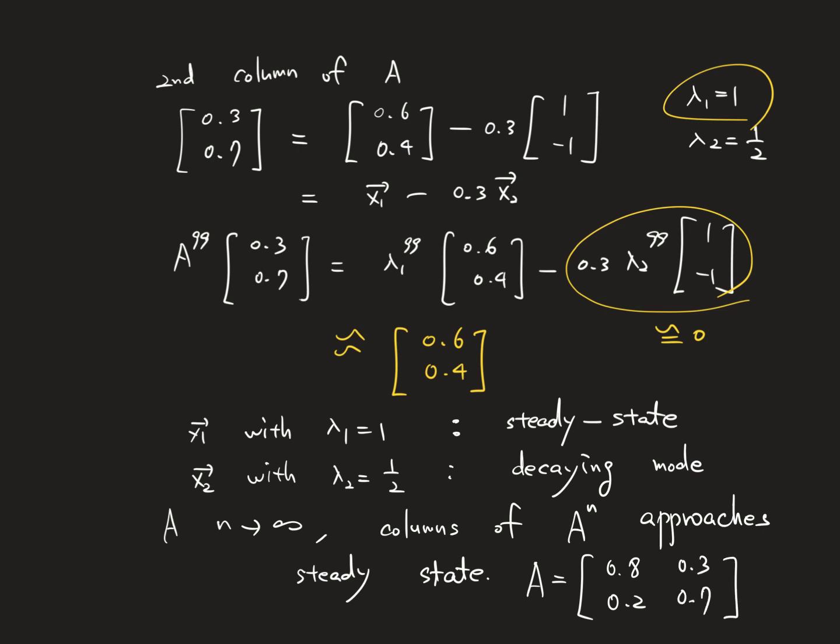We can say the sum of the first column is 1, and the sum of all the entries of the second column is equal to 1. And so in that case, this matrix A is called a Markov matrix.